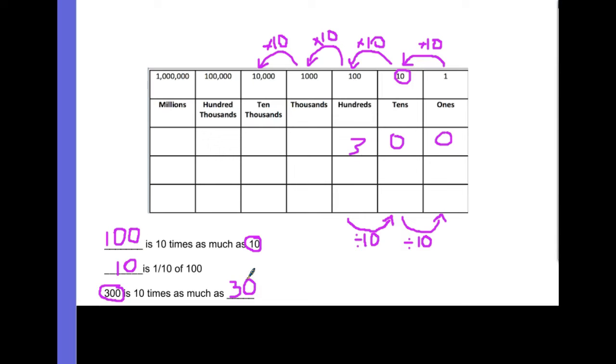Because, think about it this way, I can switch it around. I could say 30 is 1/10 of 300. 300 is 10 times as much as 30. So if I were looking at 30 and I were saying, okay, what's 10 times greater than 30? I would go, okay, 30 times 10 would be 300.